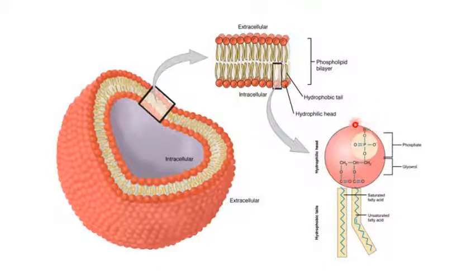Maybe it's a choline, maybe it's something else. It's at least polar, but maybe it's charged as well. So this head part has some charges, and it has a good amount of polar bonds, so it's hydrophilic and can interact with water. The tail part is hydrophobic. It has almost exclusively nonpolar bonds. It cannot interact with water.